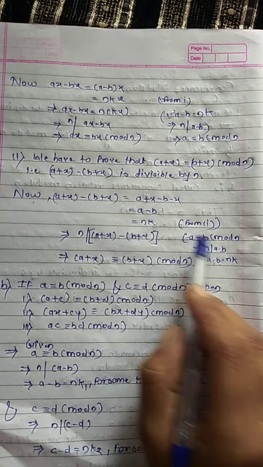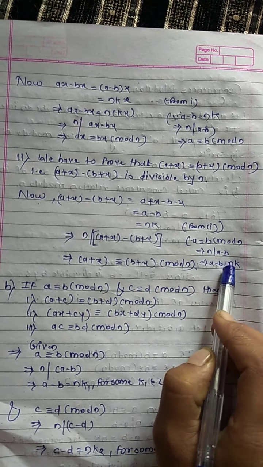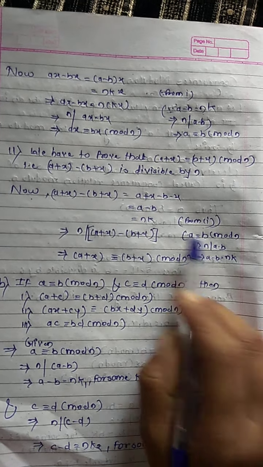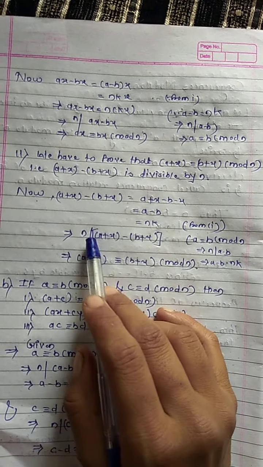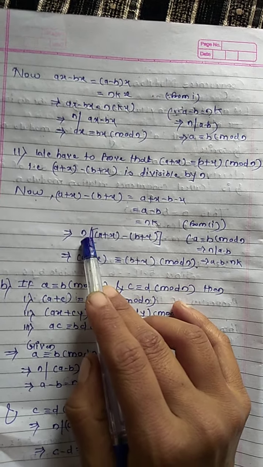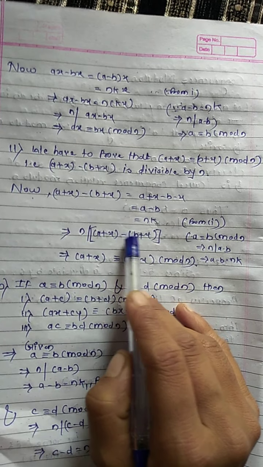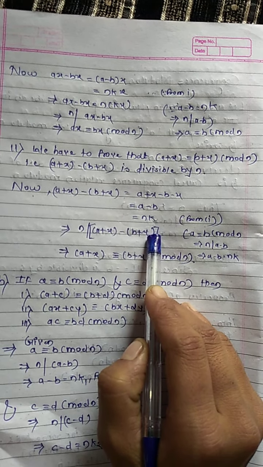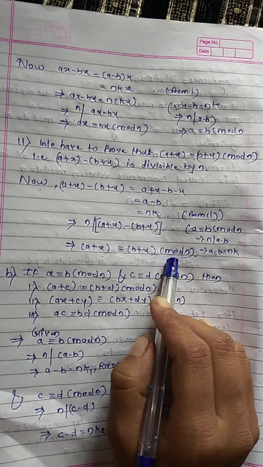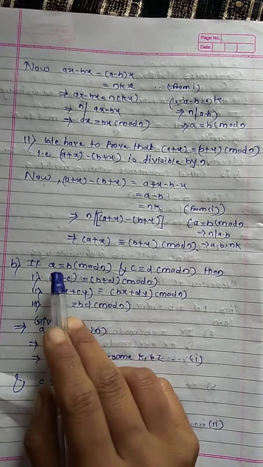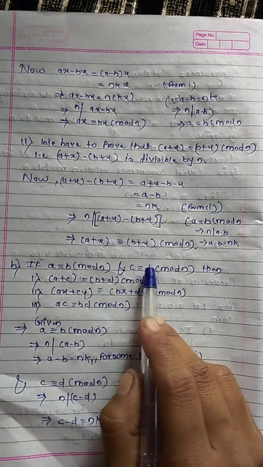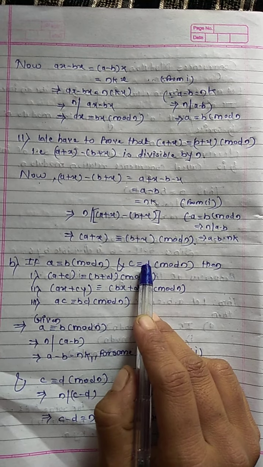From the first, given a congruent to b modulo n, n divides a minus b and a minus b is equal to nk, by the definition of congruence. So we get n divides a plus x minus in bracket b plus x, that is a plus x is congruent to b plus x modulo n. Hence proved.